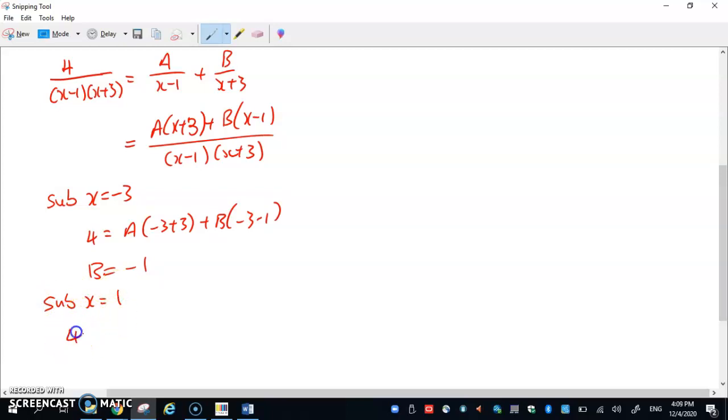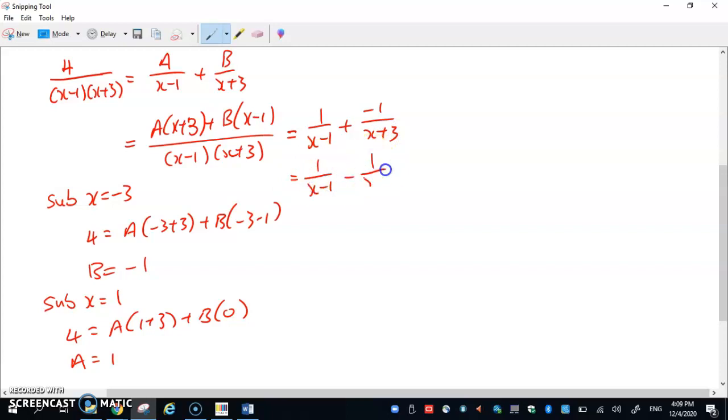And what we get is 4 equals a(1 plus 3) plus b(0). And then what we get is simply a equals 1. So as a result, this will give us 1 over x minus 1 plus negative 1 over x plus 3, which is simply 1 over x minus 1 minus 1 over x plus 3.